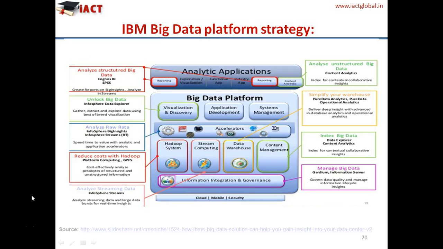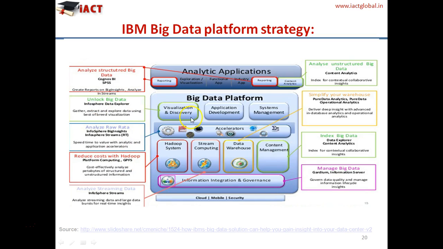What we need in data nodes is just hard drives and main memory, where we can actually store the real data. So Hadoop reduces cost because of the data nodes that it deploys, and it's a very cost-effective solution that helps to analyze petabytes of structured and unstructured information.